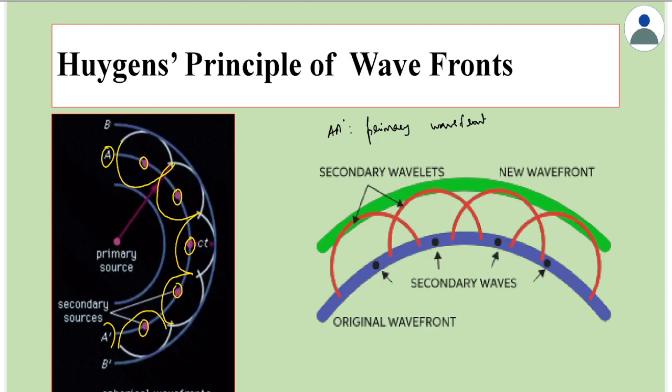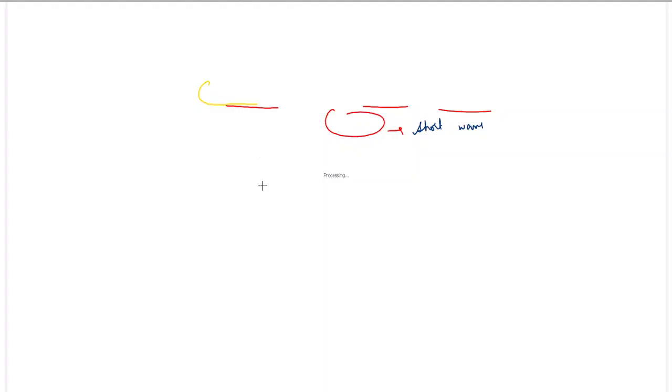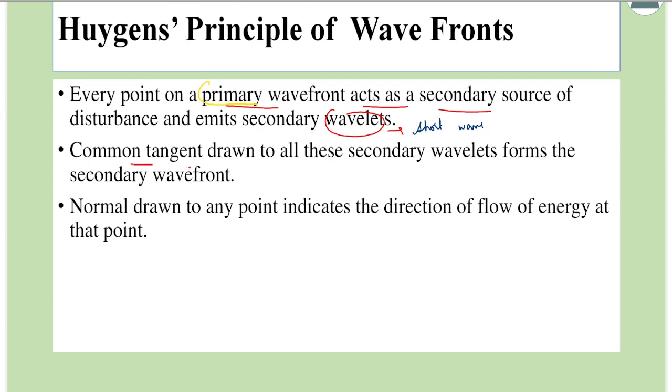A part of it moves forward and a part moves backward. He himself told that this part is called the forward secondary wavefront, and this part is called the backward secondary wavefront.